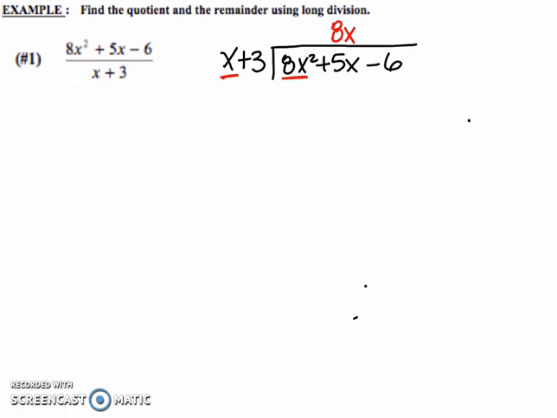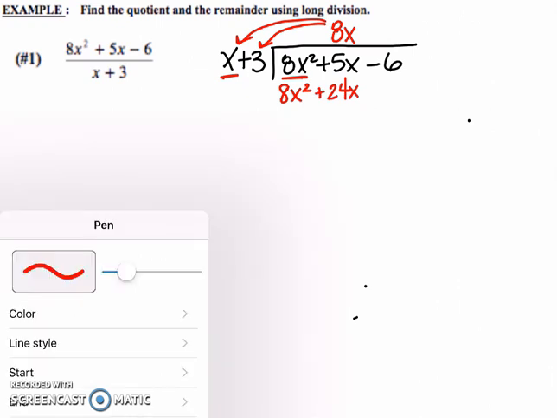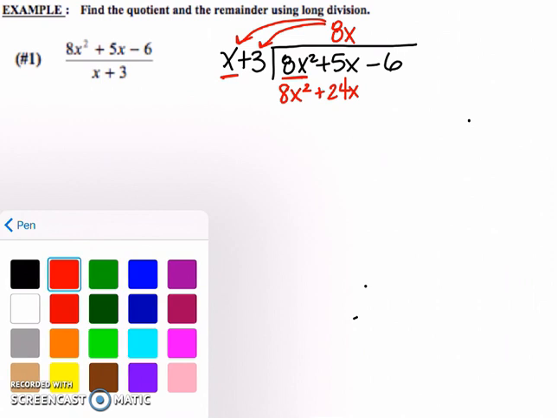And now we do the same thing that we did with numbers. We multiply what we put on top by what's on the side. So we're going to multiply 8x times x. That's our 8x squared. And then we're going to multiply 8x times positive 3, which gives us 24x. Now here's the key to the whole problem. We don't subtract when we're working with polynomials.